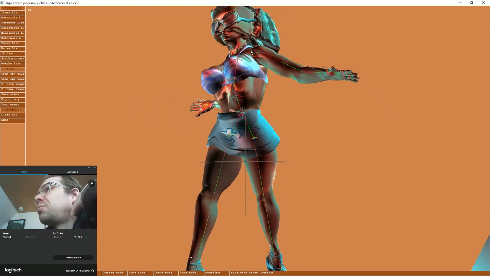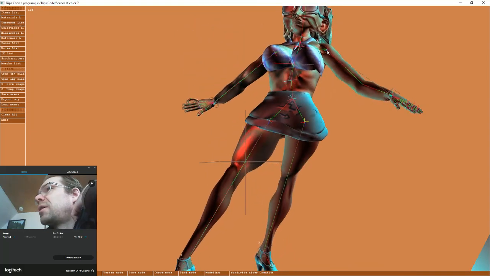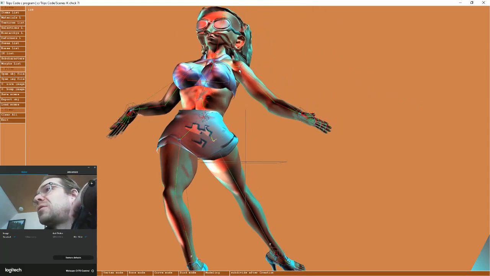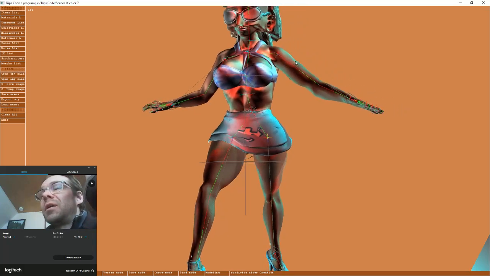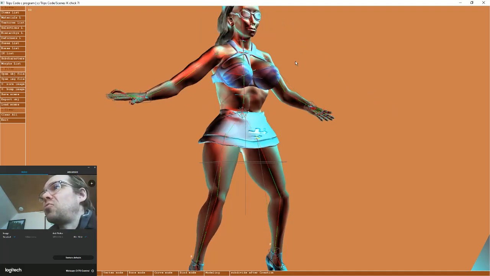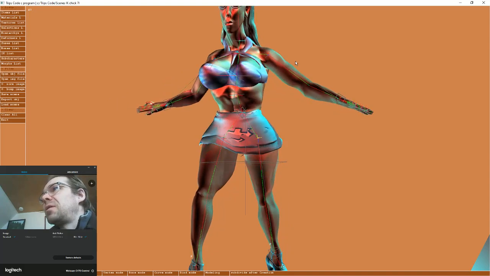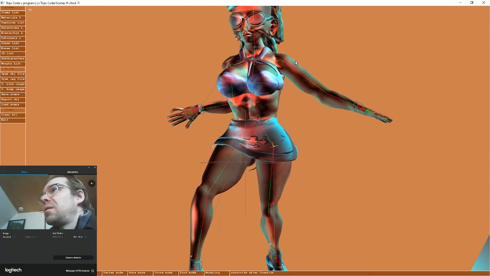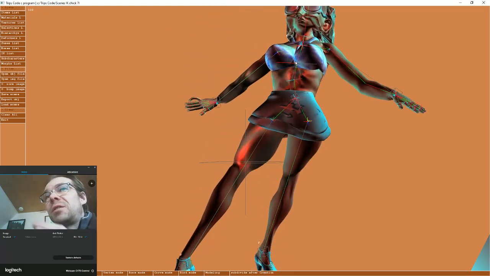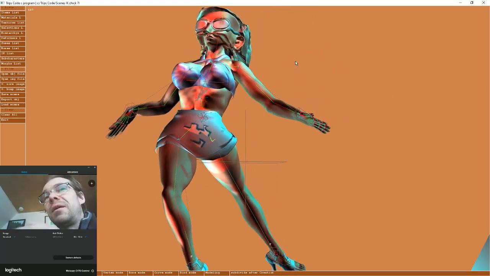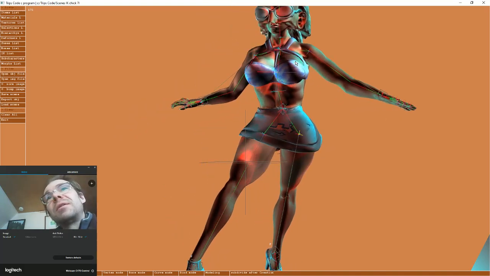Let's observe this shoulder area, and this collapses this shoulder because in the middle of the two keyframes it just makes an abrupt rotation from nearly maybe 180 degrees.